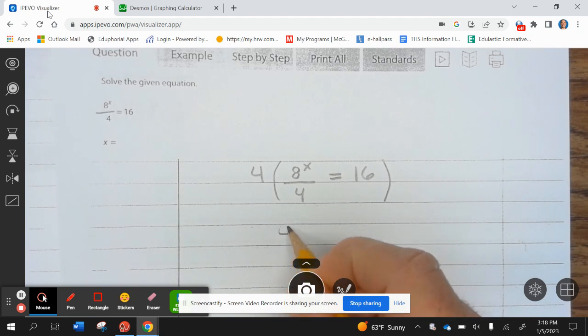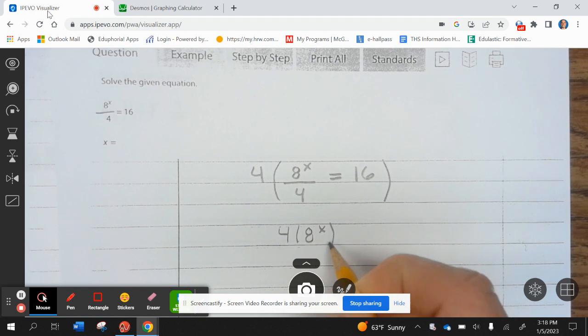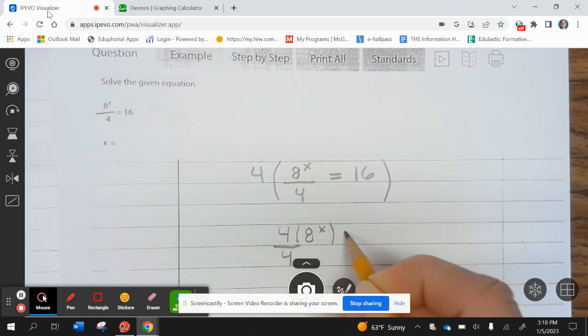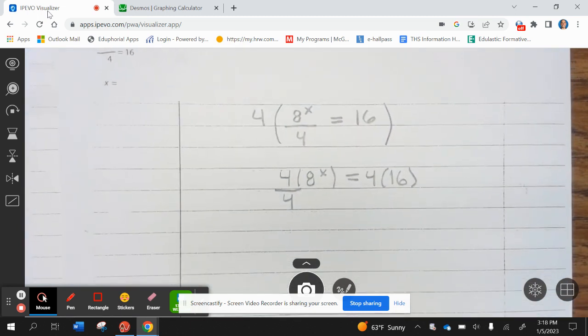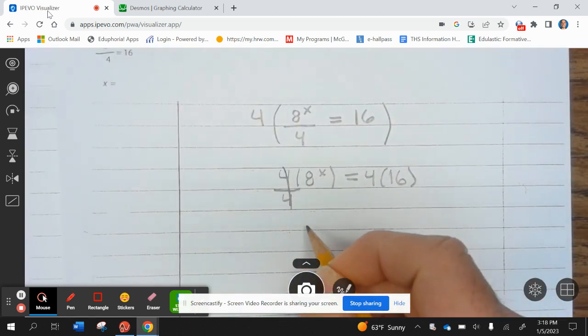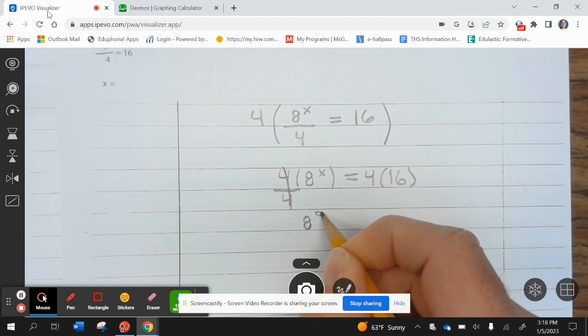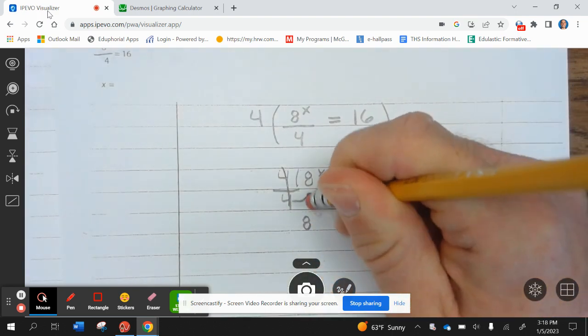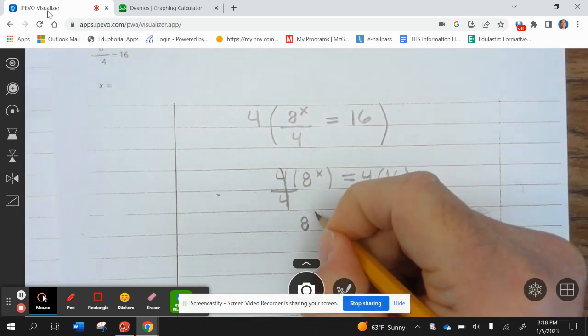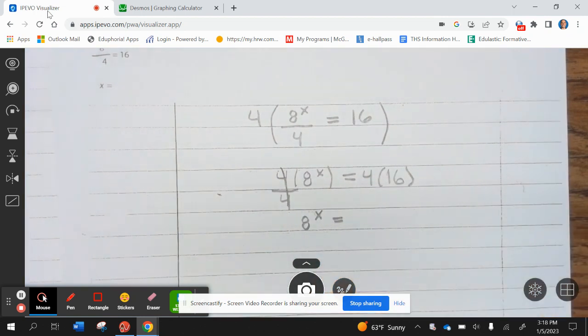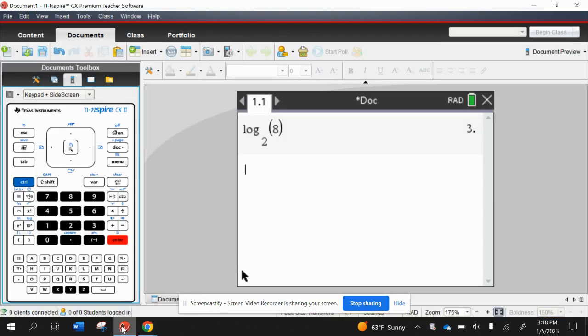So then you have 4 times 8 to the x power divided by 4 equals 4 times 16. Well, 4 divided by 4 is 1, so you're left with 8 to the x power equals 4 times 16. We can use our calculator real quick. That is 64.